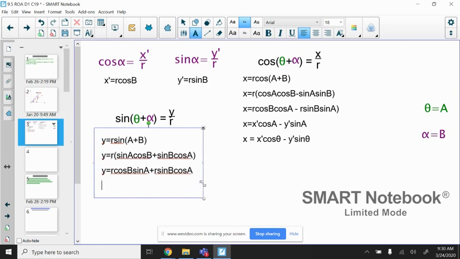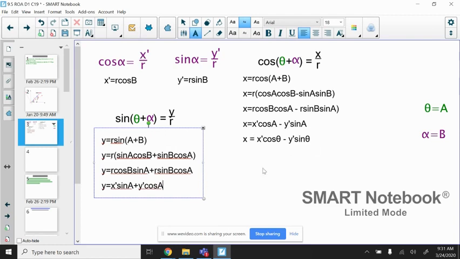I'm going to now substitute, and I'm going to get y is equal to r cosine of B, which is simply x prime, times the sine of angle A, plus r sine of B, which is y prime, times the cosine of angle A.